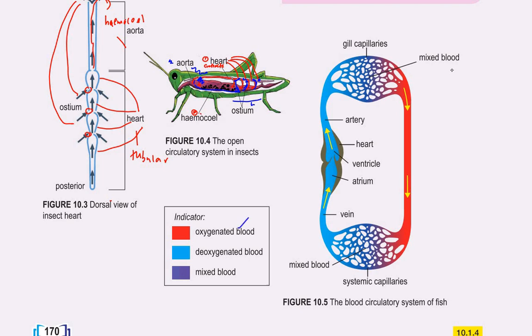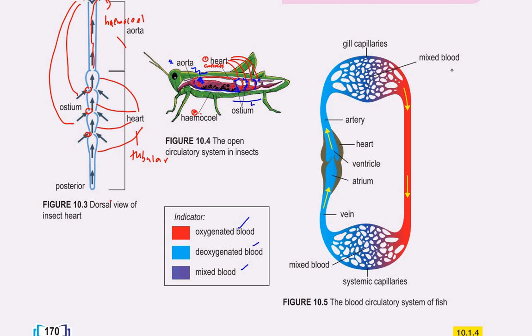The red color is oxygenated blood. The bright blue is known as deoxygenated blood, and the purple color is known as mixed blood. That means in this circulatory system of fish, the oxygenated and deoxygenated blood are mixed together.